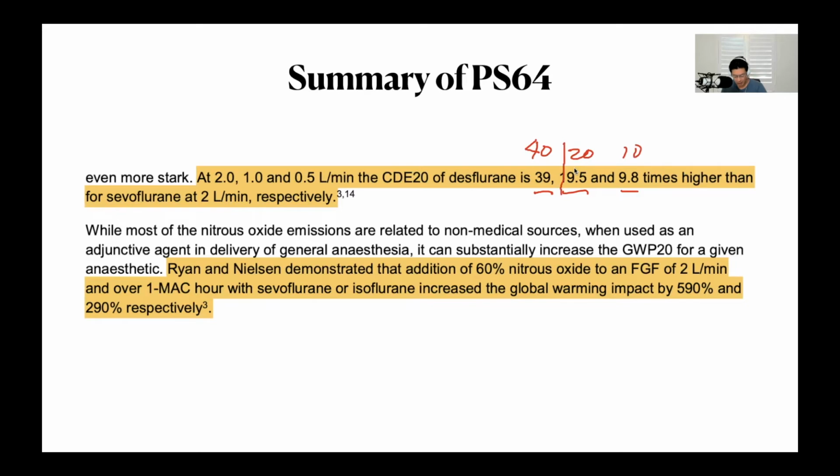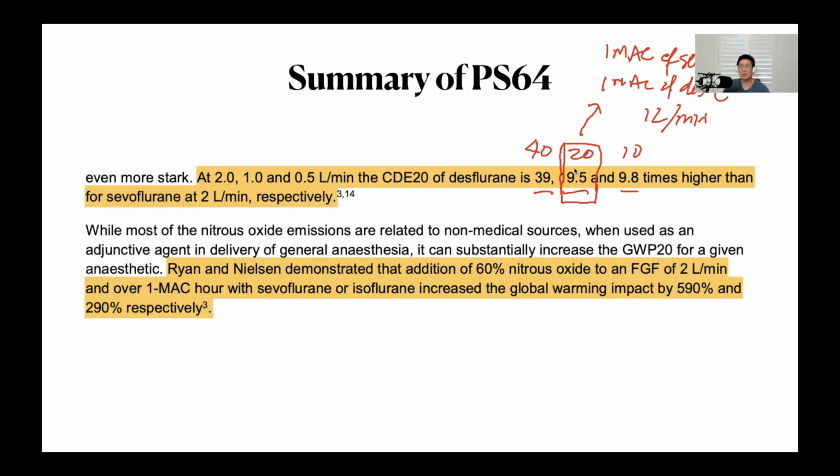And remember that: 40, 20, and 10. And this is the one we want to remember, okay? So that 1 MAC of sevo at 2 liters per minute is 20 times less than 1 MAC of DES at 1 liter per minute.